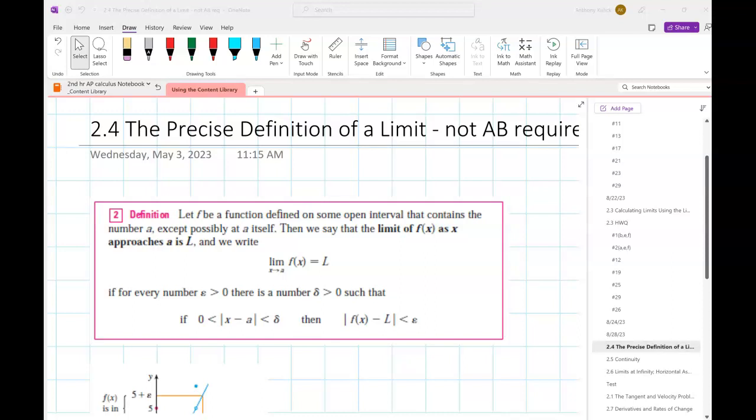Okay, all right. So our definition says, let f be a function defined on some open interval that contains the number a, except possibly at a itself.